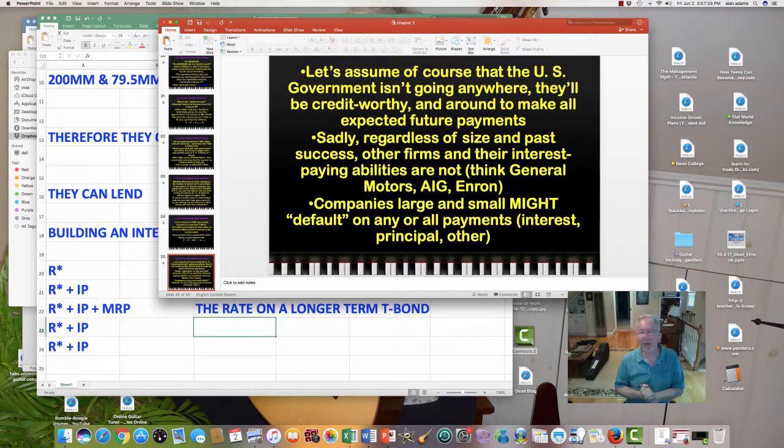Up until now, we've invested in the United States government. Now, what if you invest in General Motors, AIG, Enron? All three of those companies, their bonds suffered drastically, and two of them were worse than GM, and one, Enron, is not around anymore, okay?